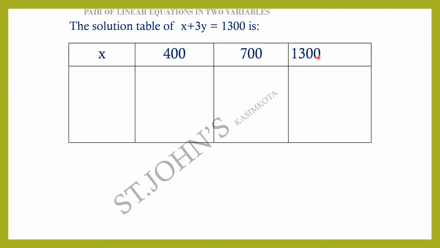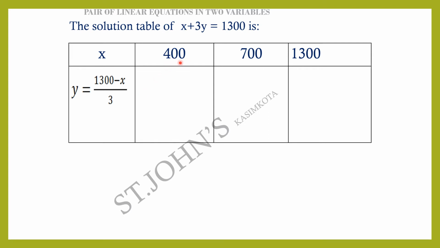You can take any 3 or more different values, not only 400, 700, 1300. At your wish, you can take any value. x equals 400, x equals 700, x equals 1300. Now we have to find the value of y. So x plus 3y equals 1300, then y equals 1300 minus x by 3. That is the value of y. y equals 1300 minus x by 3.